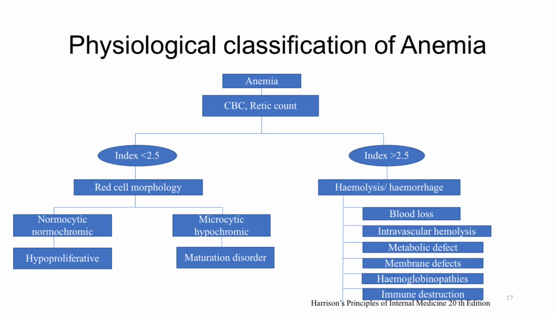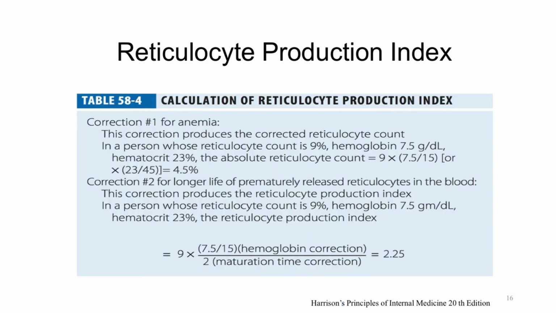Physiological classification of anemia is usually done with the CBC and the retic count, and from the retic count we find out the reticulocyte production index. Let me discuss how we calculate the reticulocyte production index.